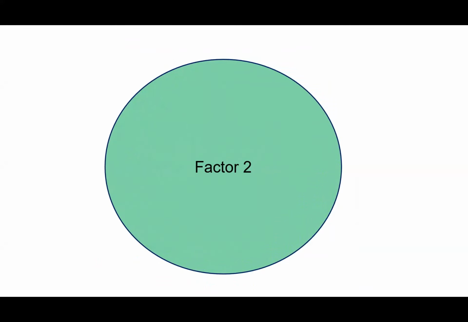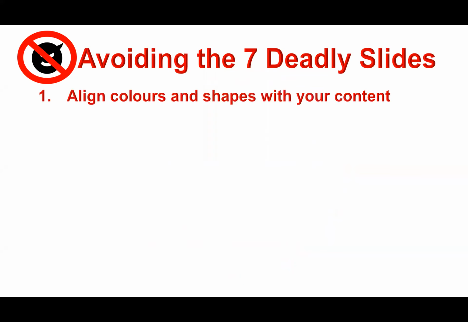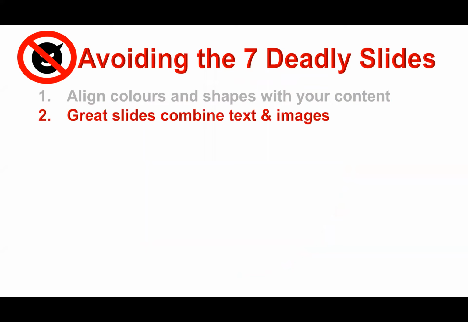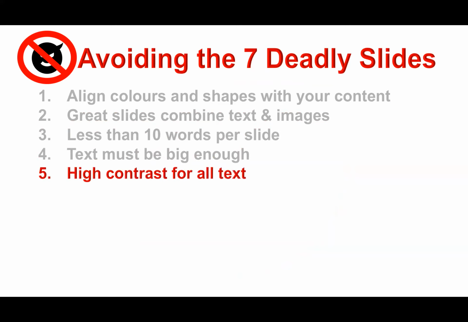So to summarize, here are your key points for avoiding the 7 deadly slides. Align the colors and shapes with your content. Great slides combine text and images. Use less than 10 words per slide. Your text must always be big enough to be able to be read. Use a high contrast for all text.